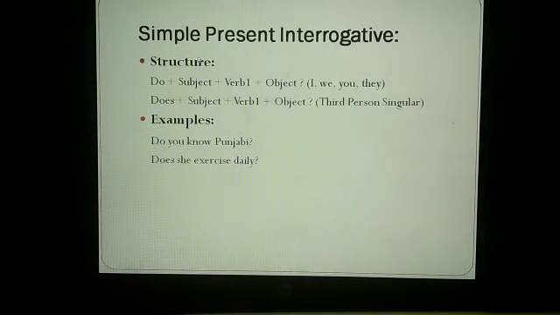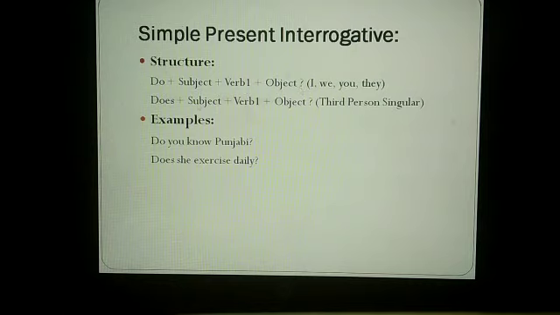Next, simple present interrogative. What is the structure of simple present interrogative? Now we put do or does before the subject. Structure: do plus subject plus V1 plus object and question mark. This is very important.